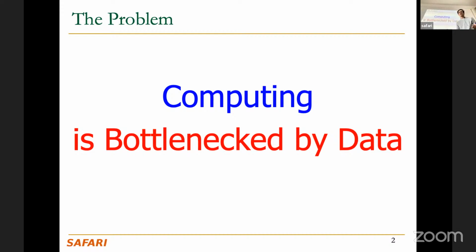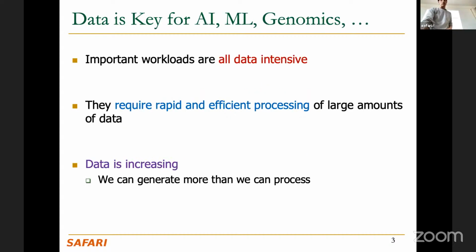That's why we can say that computing is bottlenecked by data movement in the system, by the need for moving data all the time between the storage and memory units and the processing units, the processing elements in our systems.